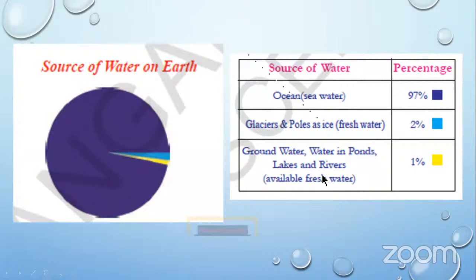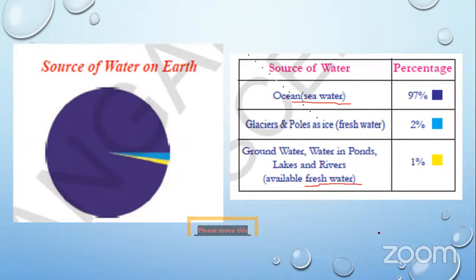This constitutes about 1%. So you are learning two words here. One is seawater and another is fresh water. The difference is, fresh water does not mean it is clean and all like that.